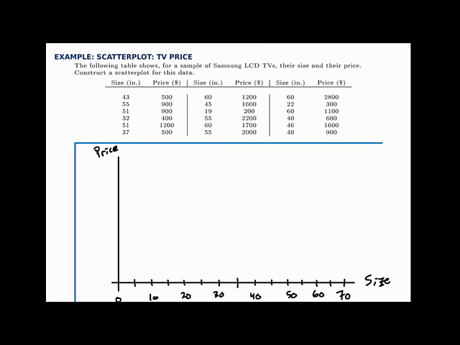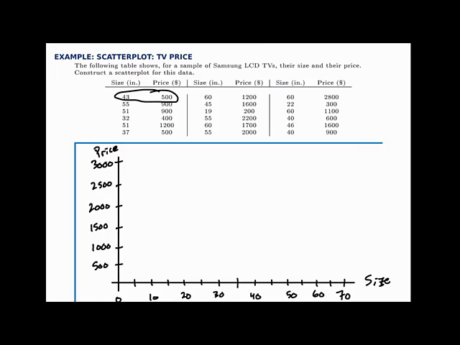Then the prices range from 200 to about 2,800. So let's say we include all the way up to 3,000. And let's mark it in increments of 500. Now for each value in our list, let's take the first one for instance. The size is 43 inches, the price is $500.